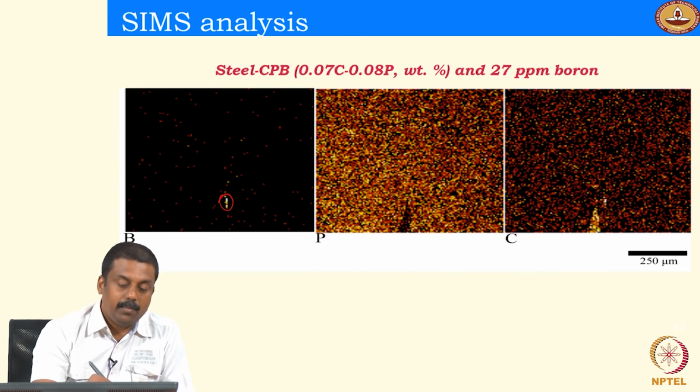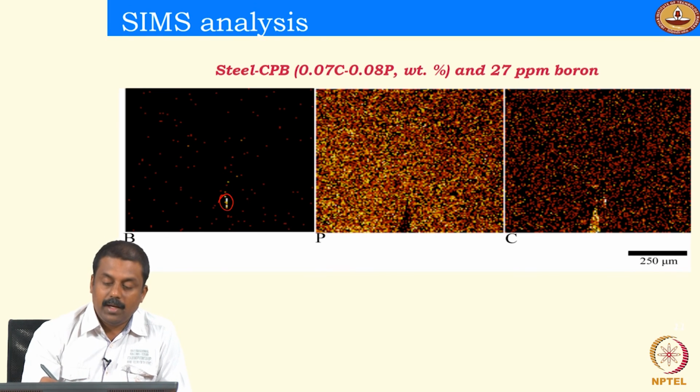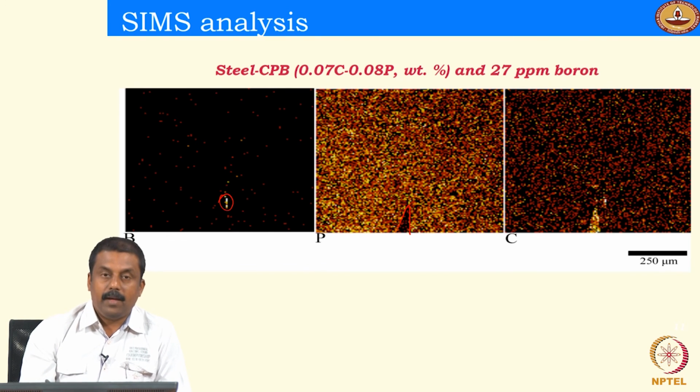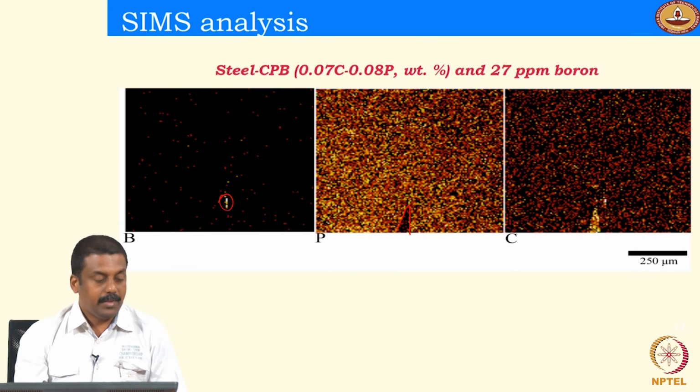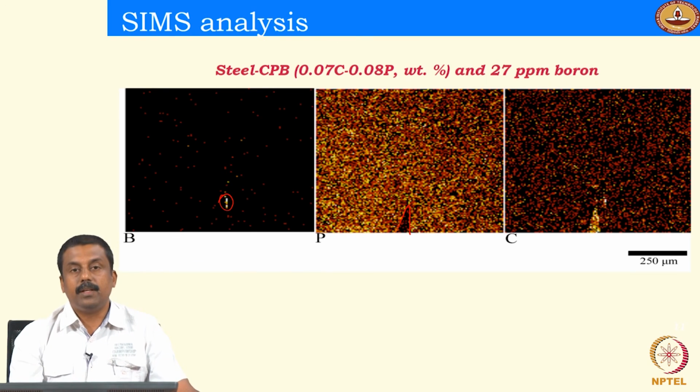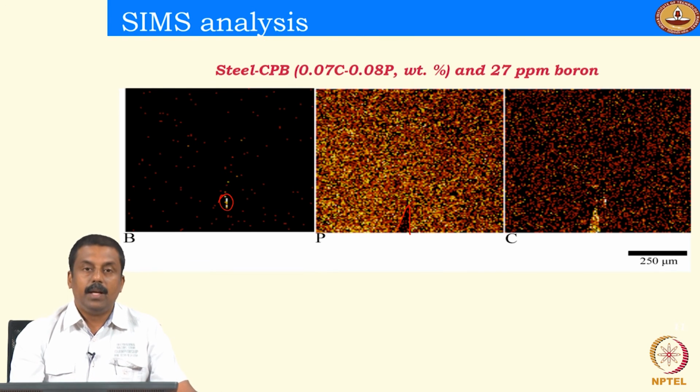Once you have boron segregation at a location, you see a depletion of phosphorus concentration at other locations close to it. That means that boron indeed stops the phosphorus atoms coming to the unsolidified liquid, thereby the phosphorus-induced grain boundary embrittlement can be avoided.